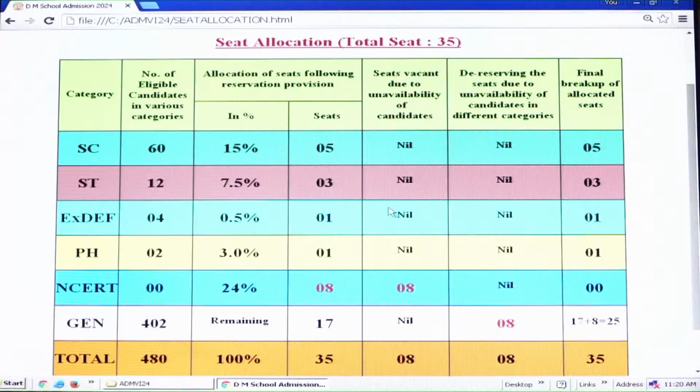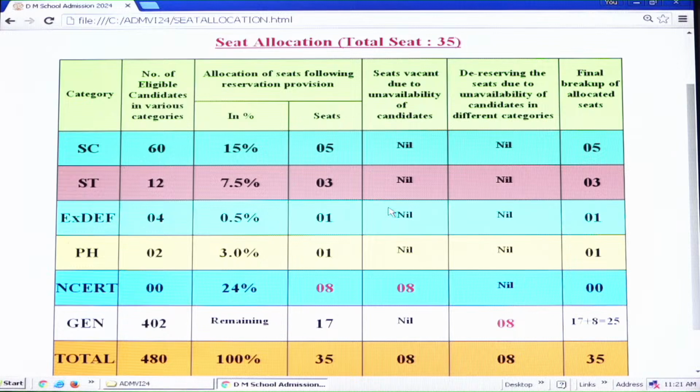And in NCRT 24%, there are 8 seats, but since nobody is there, those seats will be going to general category. In general category, remaining seats are for general category, that is 17, and out of 402 candidates, every category candidates are available except NCRT ward category.